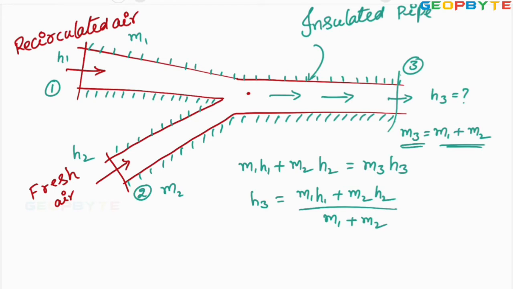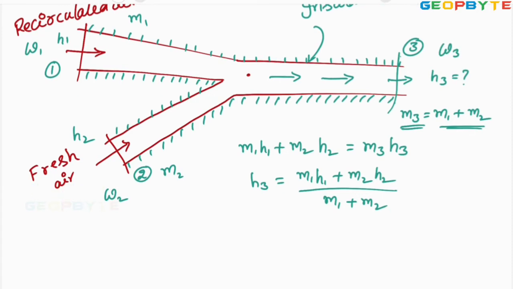In a similar manner, W1 be the specific humidity of the recirculated air, W2 be the specific humidity of the fresh air, W3 be the specific humidity of the mixture, then the specific humidity of the mixture W3 equal to M1 W1 plus M2 W2 divided by M1 plus M2. In the same manner you can find T3 also.